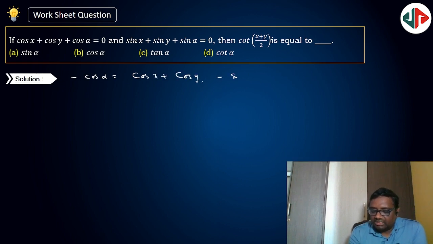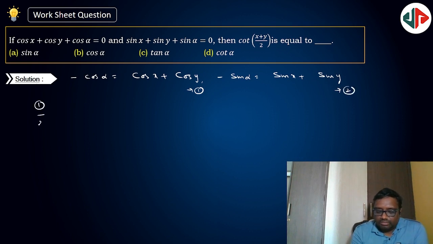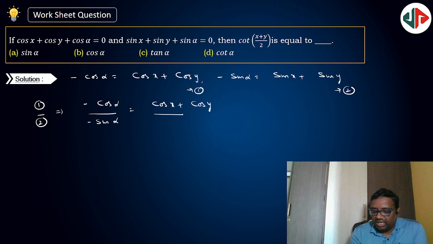Similarly, minus sin alpha is equal to sin x plus sin y. This is equation number 1 and this is equation number 2. Take 1 by 2. Then minus cos alpha by minus sin alpha is always equal to (cos x plus cos y) by (sin x plus sin y).